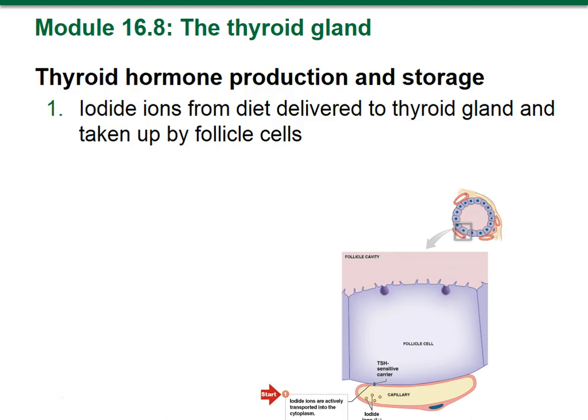Now, one thing you might associate with the thyroid gland is iodine. And where do you often see iodine listed as a part of food? As a matter of fact, we add it to that food intentionally: salt.